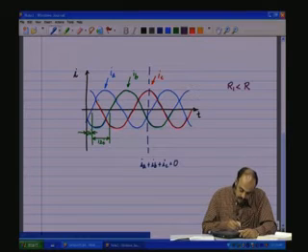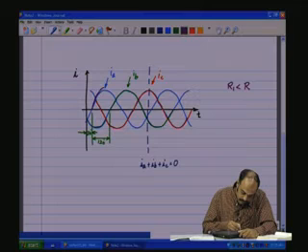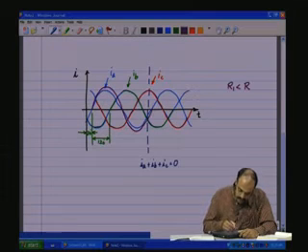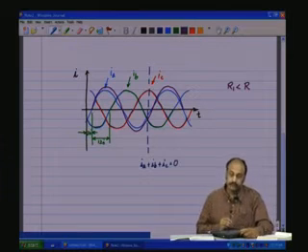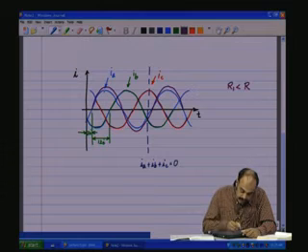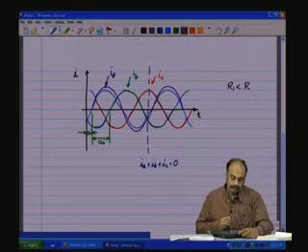So, this would mean that we have an IA which is having a different magnitude compared to the other two. So, now the IA is not the blue, IA is now the violet or the purple colored waveform.